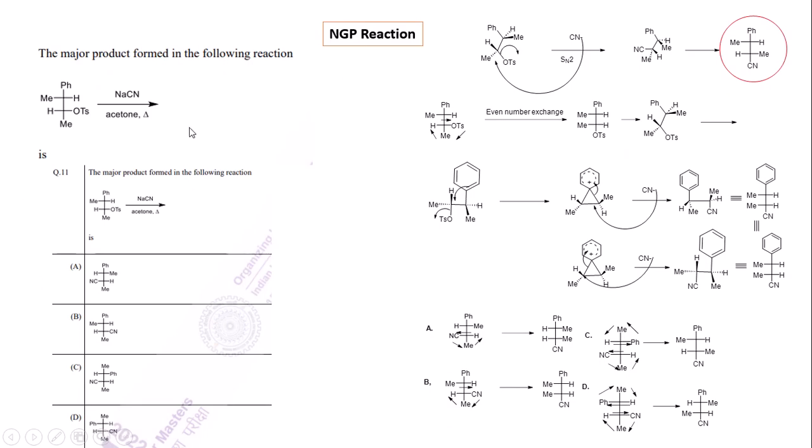The given problem is substitution with NGP, that is, NGP versus SN2 reaction. In the NGP versus SN2 reaction, if we see the substrate, the nucleophile can attack to give the inversion product, with the hydrogen present on the opposite side. But in the NGP reaction, the phenyl and the OTs group participate, so they must be present in the anti-periplanar orientation.